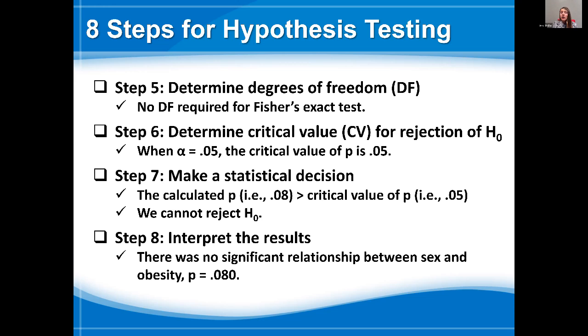It's larger than the critical value of P, which is 0.05, so we cannot reject the null hypothesis. As a result, we interpret that there was no significant relationship between sex and obesity, p-value of 0.08.